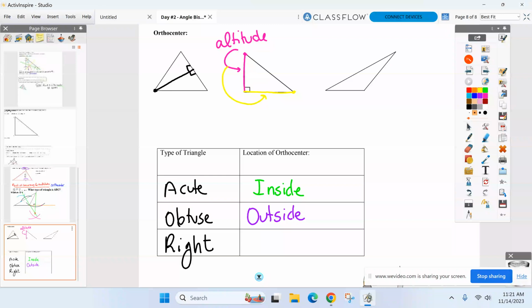Do we know where the orthocenter is going to be now? I don't need to do the third one for the hypotenuse. Where's it going to be? Where's that orthocenter going to be? Where do these 2 intersect? Right here, right where they meet at the right angle. So I can't say it's going to be outside. I can't say it's inside. How do I describe this one?